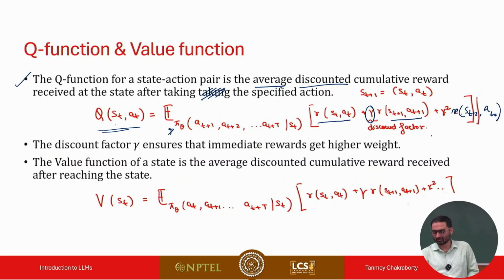Gamma ranges between 0 and 1. Let's say gamma is 0.9, so this will be 0.9, this will be 0.81, and so on and so forth. So the importance of this will reduce.